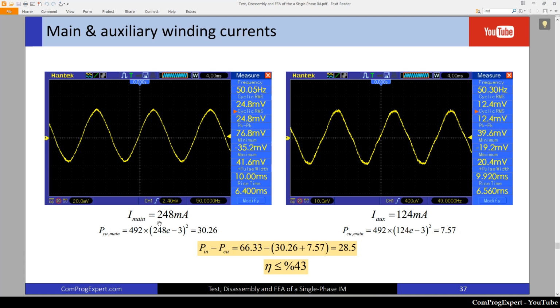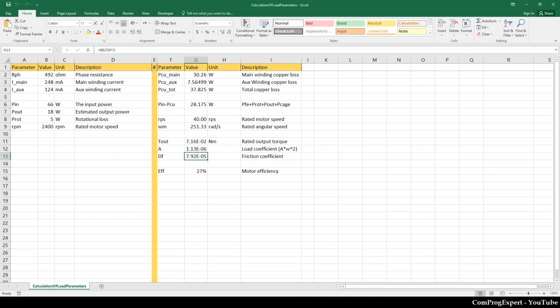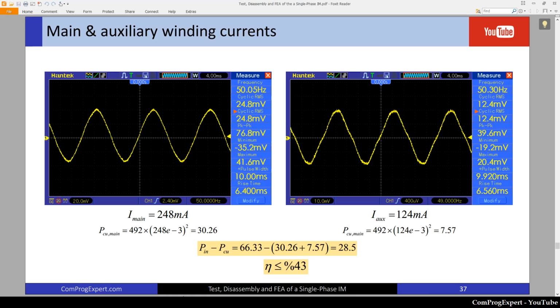So here I put the data, the main current, auxiliary winding current, right? 248 milliamperes and 124 milliamperes.